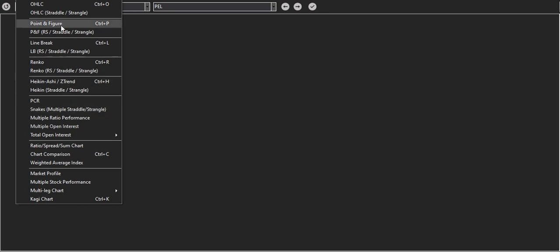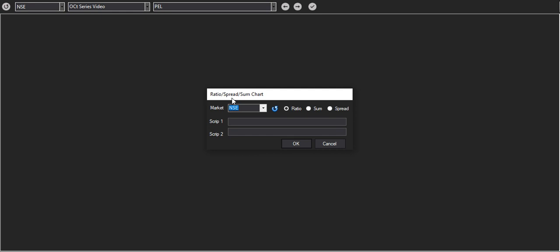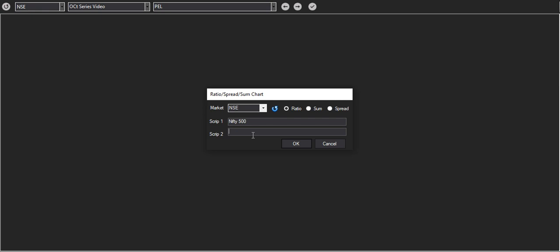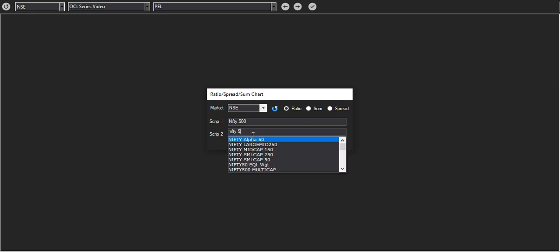Just give me a minute. We'll go to the ratio chart first. Let us plot how Nifty 500 universe is doing against Nifty 50.